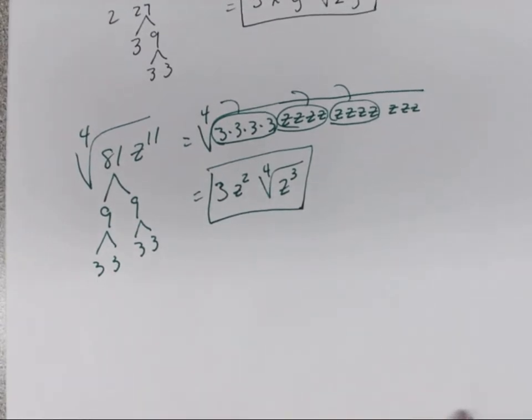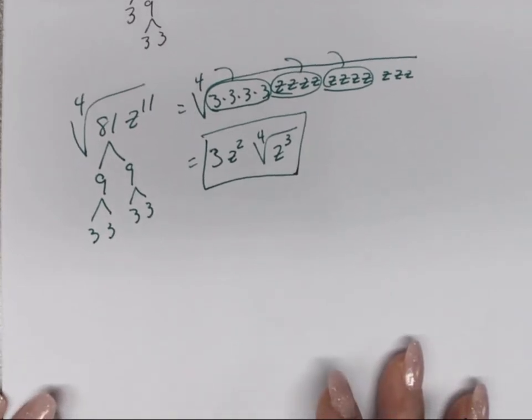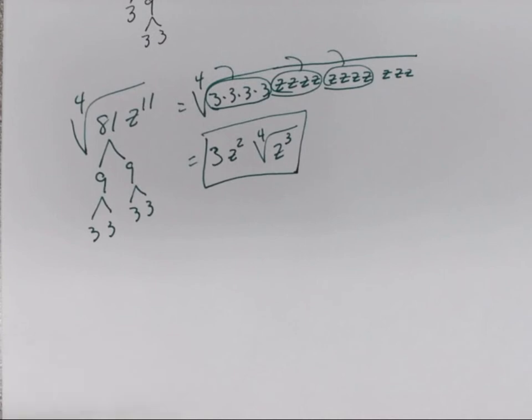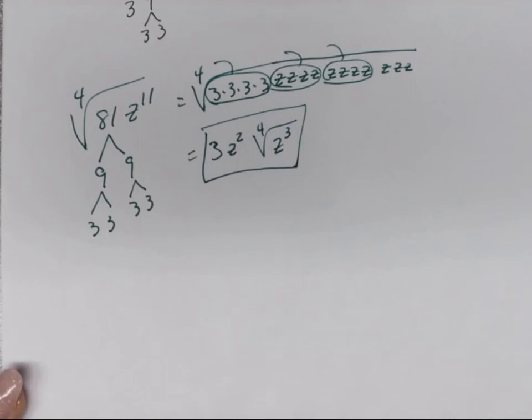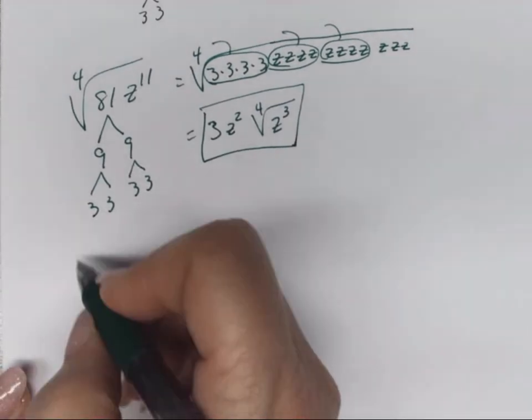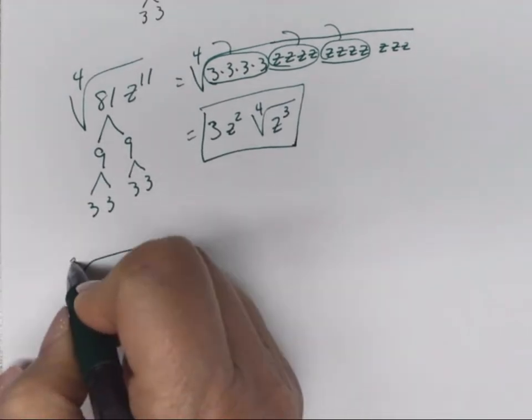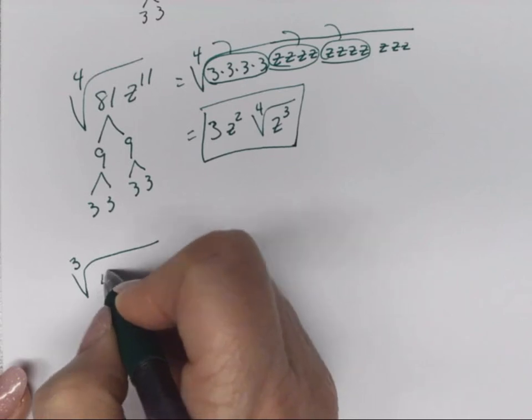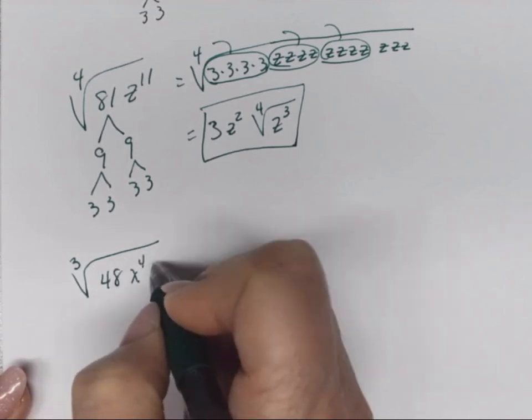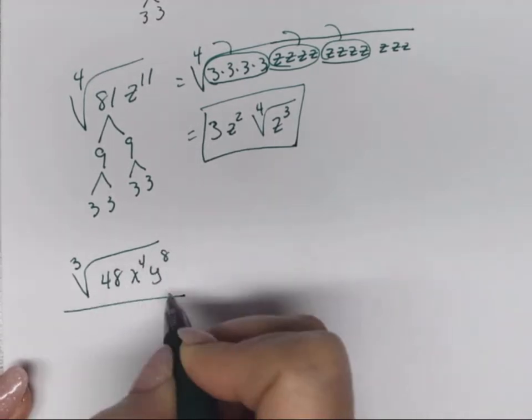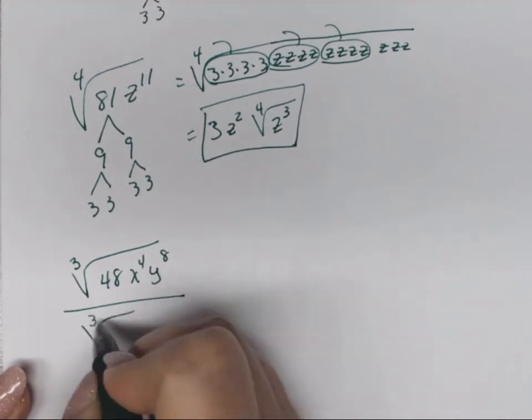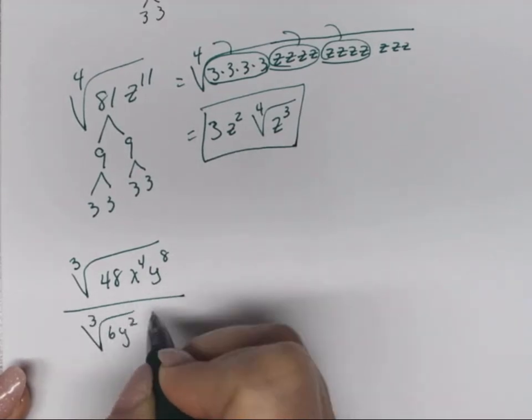All right, so there's different things that we can do to work these problems out. Let's look at a different kind of problem. So what if we have the cubed root of 48 x to the 4th y to the 8 over the cubed root of 6y squared.